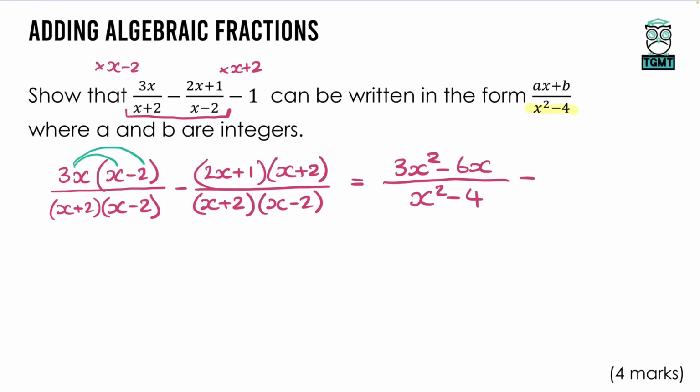We need to subtract from that then. Our next one, we already have the denominator, so we can write the x squared minus 4 on the bottom. We just need to expand these double brackets. So 2x times x gives us 2x squared. And to save myself too much working out here, I'd probably expand this just to the side so that I can tidy it up and put it straight on the numerator, so I don't have to keep writing this out.